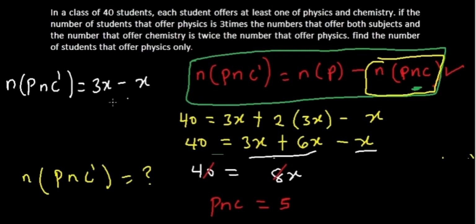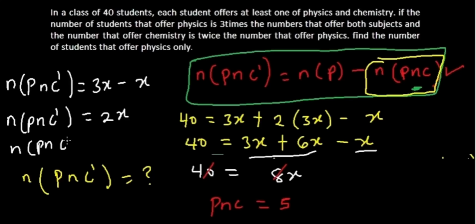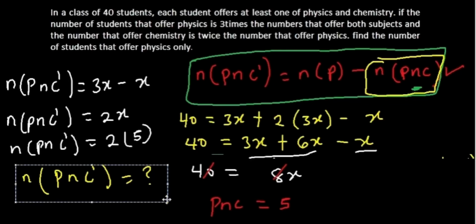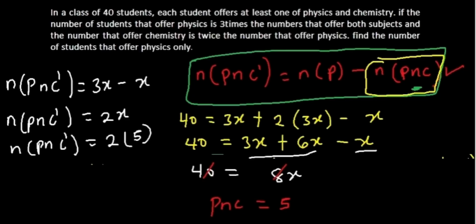So we have 2x, and we have already gotten our x as 5. So P intersection C complement, which is still P only, will be 2 into bracket of 5, and that will give me my answer as 10. The final answer then will be 10. So that's how to answer this question.